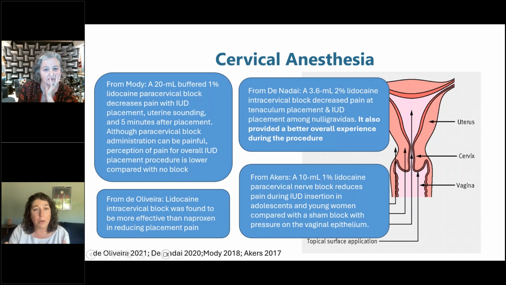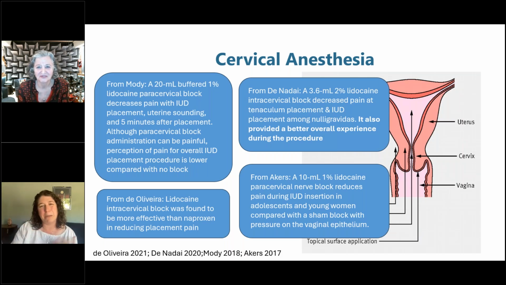Now, one thing you might notice is there is no standard procedure for how to numb. You've got 20 milliliters, you've got 10 milliliter paracervical blocks, you've got a 3.6 ml intracervical block. That's why, when Patty and I were saying at the beginning, we don't have enough research yet to say that one way of doing cervical anesthesia is better than another.